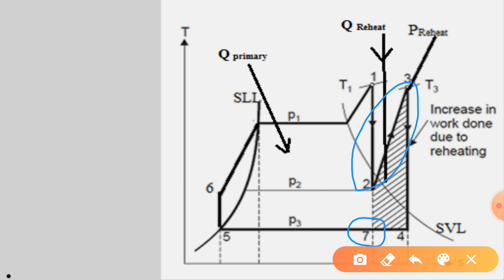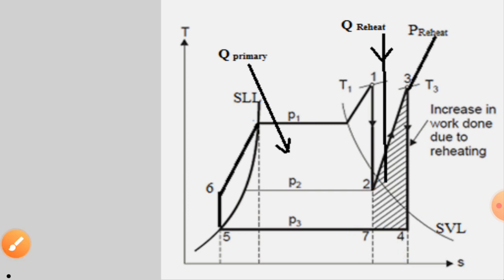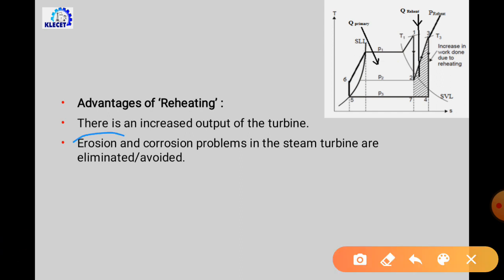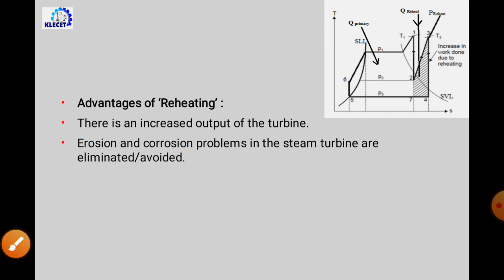After reheating, the steam is coming out of the steam turbine at state 4. State 4 is having more dryness fraction than state 7. So hence, if the steam comes out of the turbine with a more dryness fraction, there are less chances of forming droplets inside the steam turbine. So erosion can be avoided and corrosion can be avoided because of more dryness fraction present in the steam.